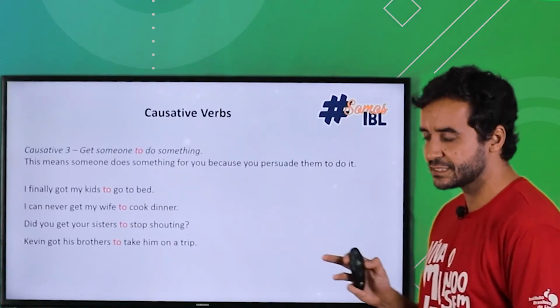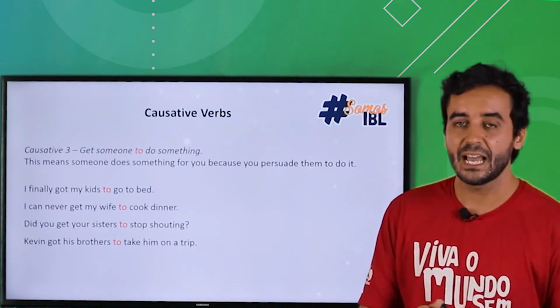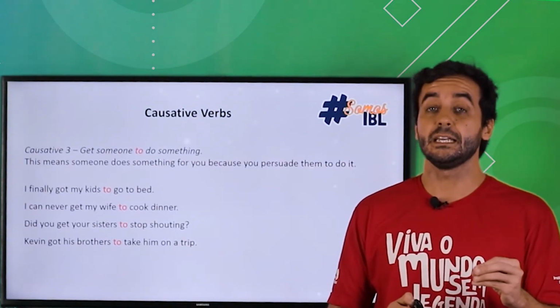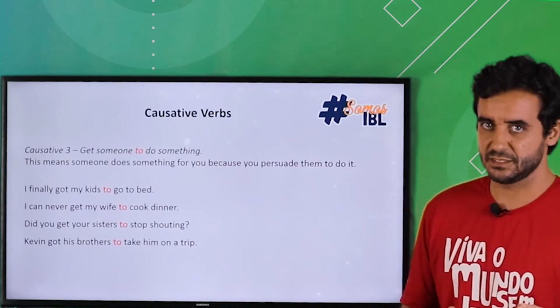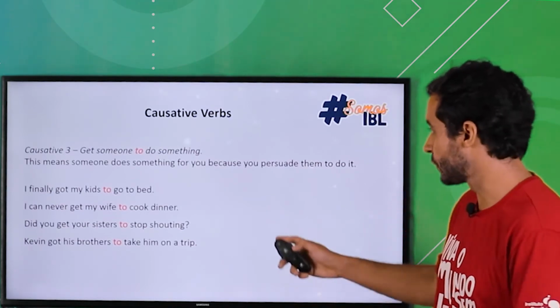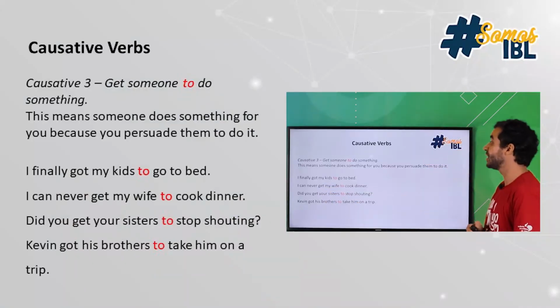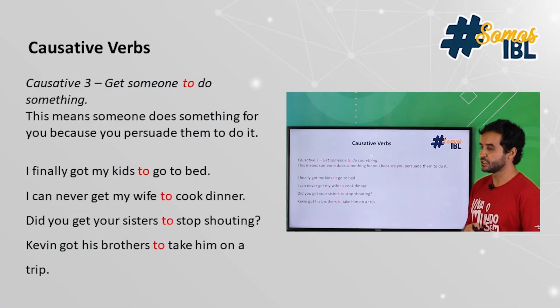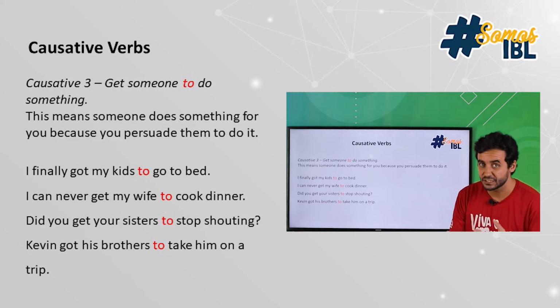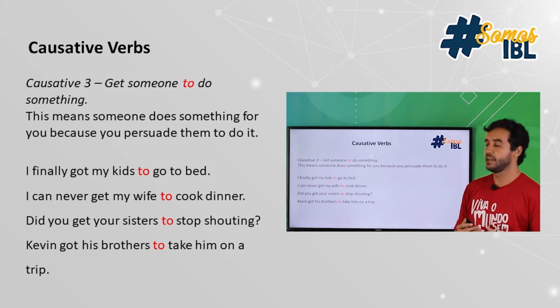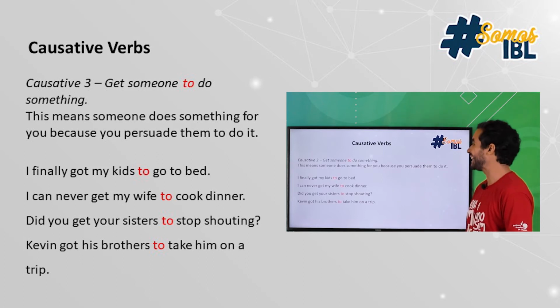Okay, get is similar in terms of use, but it has a slightly different meaning. It means convince somebody, right? So for example, I finally got my kids to go to bed. When you use got, it doesn't sound like it was forced. You convinced with words, right? And for example, I can never get my wife to cook dinner.